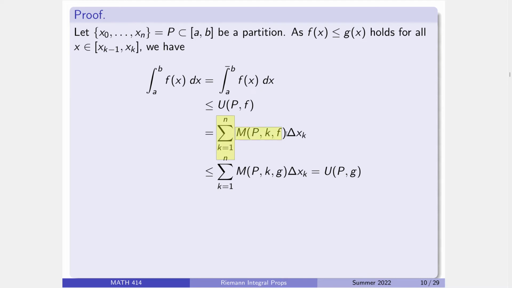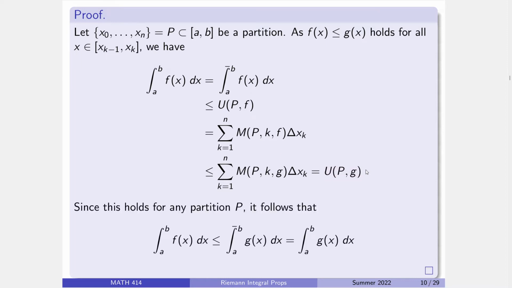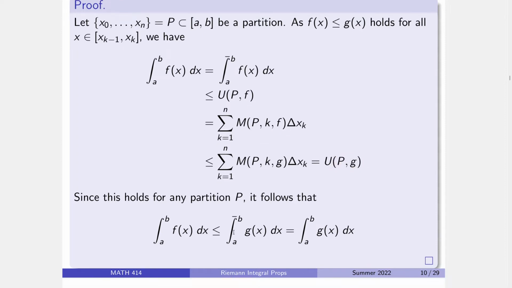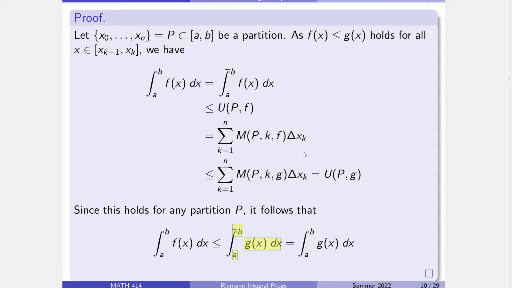But the supremum of f on the kth subinterval of the partition P would have to be less than or equal to the sup of g on the kth subinterval in the partition P, and that gives me my upper Darboux sum of g with respect to the partition P. So that means that the integral of f of x is a lower bound on the set of upper Darboux sums of g, which means that the upper Darboux integral is bigger than it, but by hypothesis we have integrability, so we get equality.